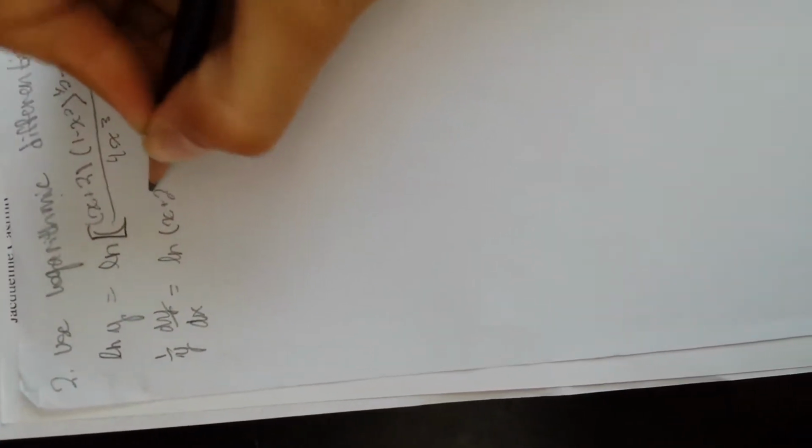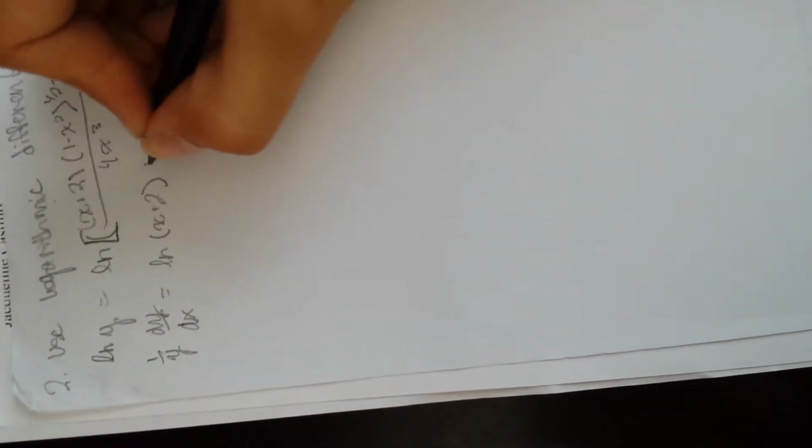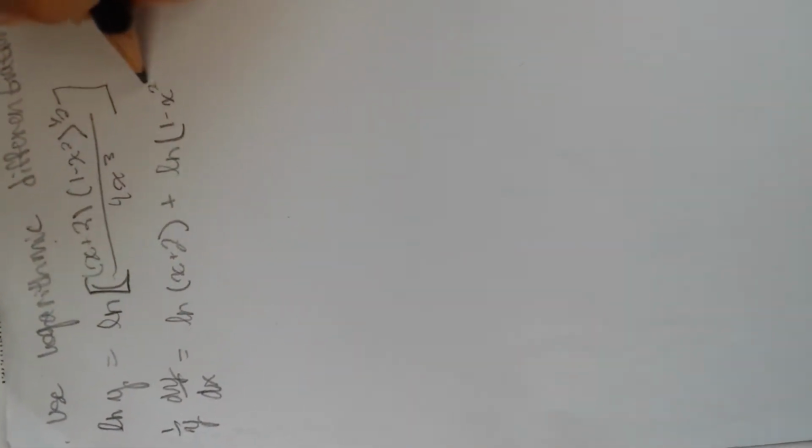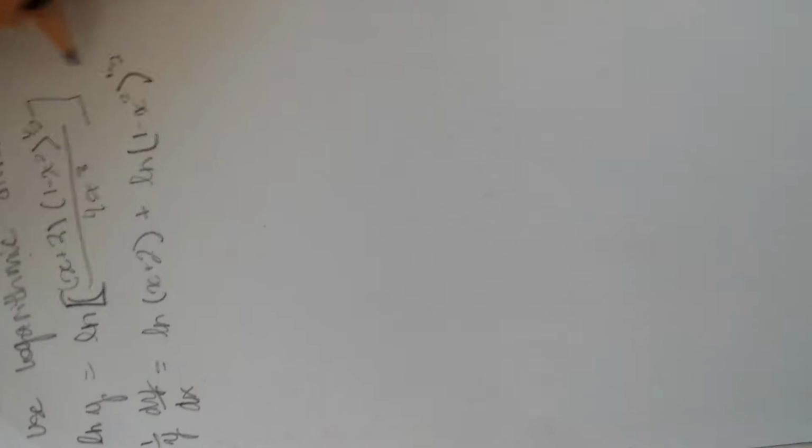So you're going to ln the equation and do ln of x plus 2 plus ln of this 1 minus x squared raised to the 1/2, and then because it's being divided, you're going to subtract.